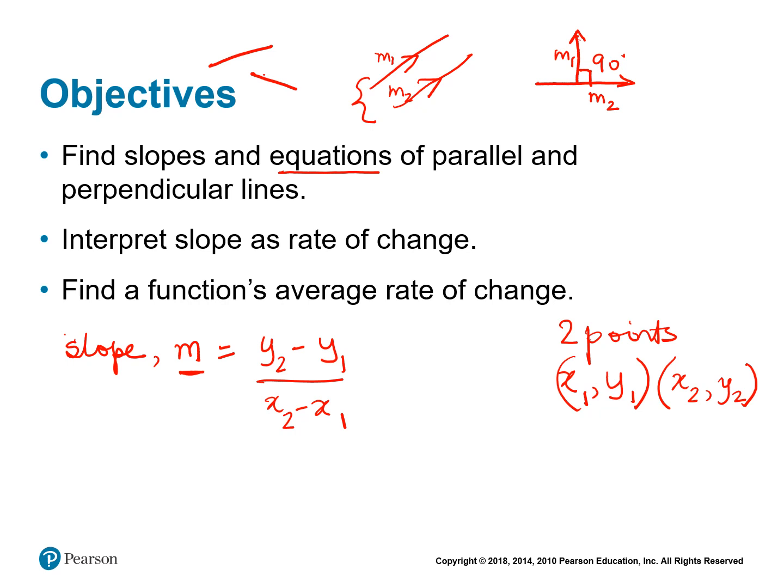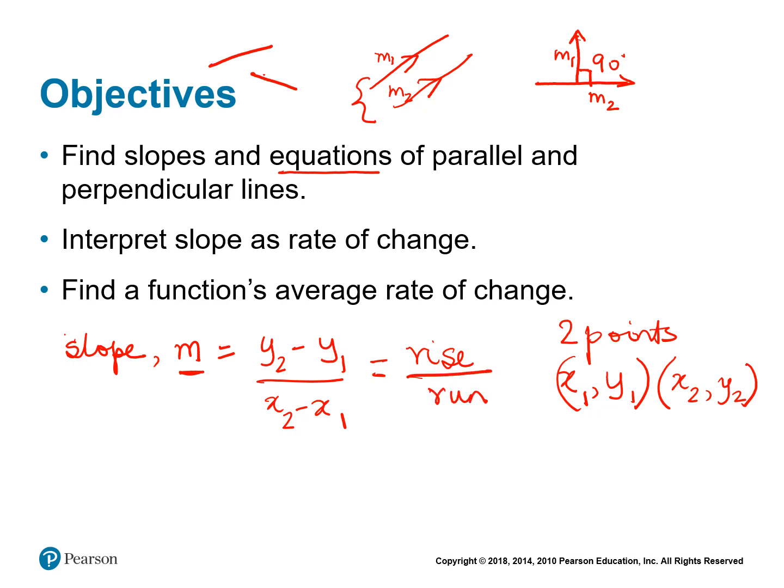In other words, this formula, or the slope of a line, tells us how much a line rises or falls as we move horizontally along the line. So it's also sometimes, in layman's terms, called rise over run.